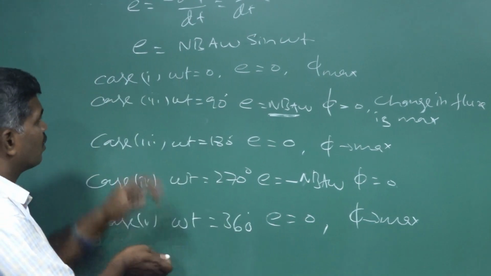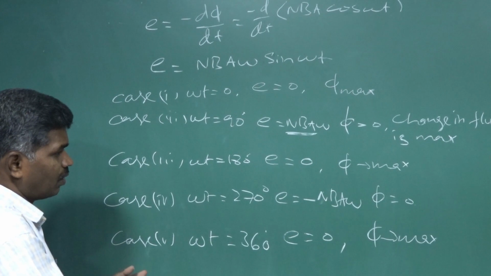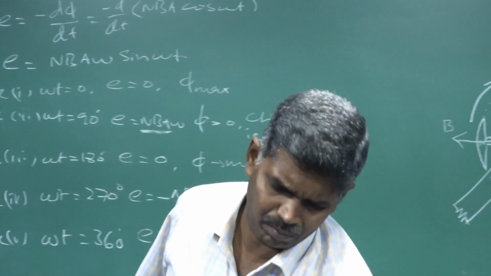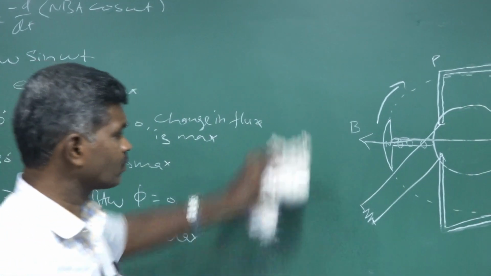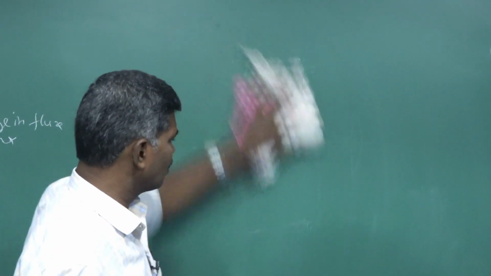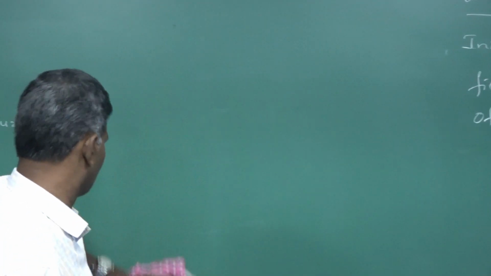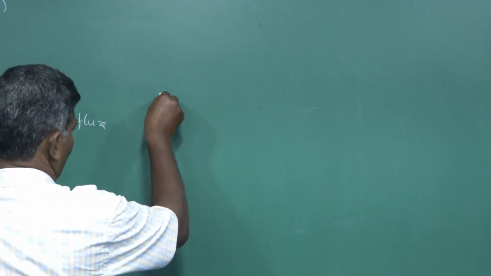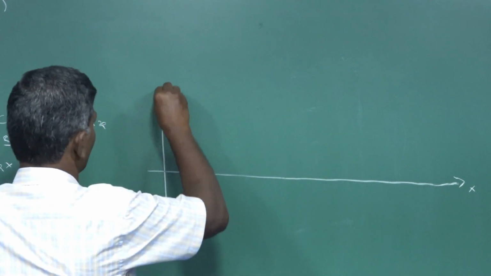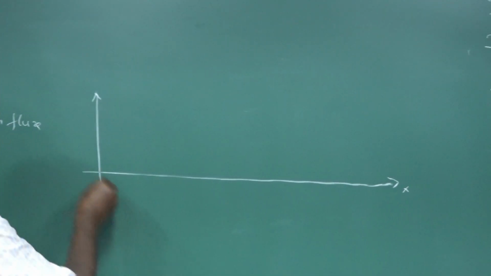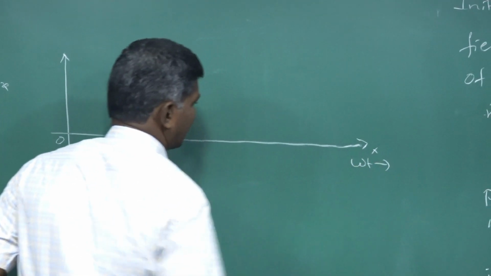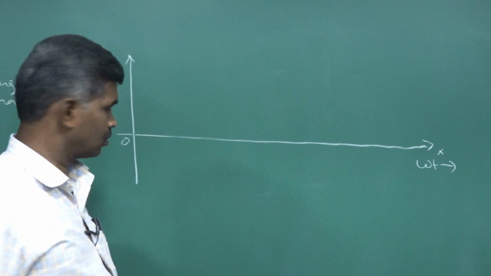Based on these values, first, second, third, fourth, fifth, we will draw the graph and the position of the magnetic field with the armature. So based on those 5 cases, we are going to draw a graph. We take the x-axis, the y-axis, and the origin 0. Along the x-axis we take the ωt angles.